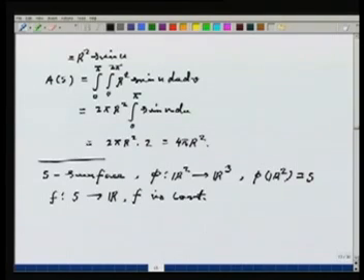Then I want to talk about the integral of this function over the surface S. So how do I define this? Well, integral over S of f d sigma, that is the notation for the surface integral. I will tell you what exactly it means. It is given by a double integral.